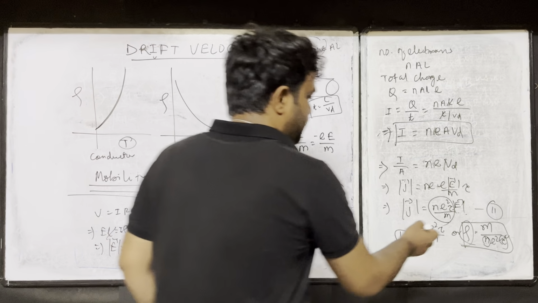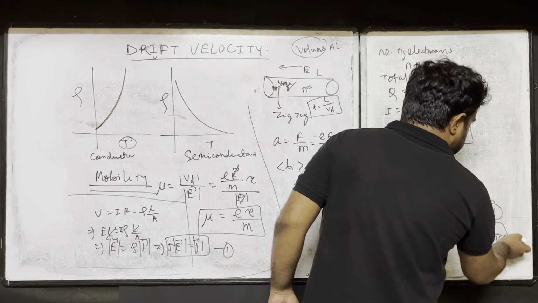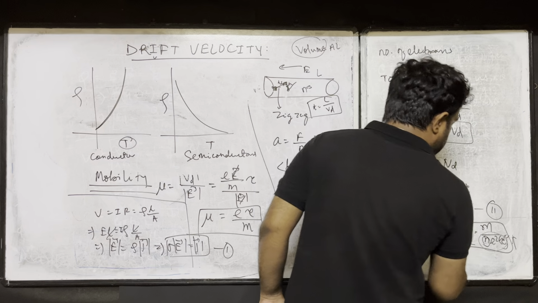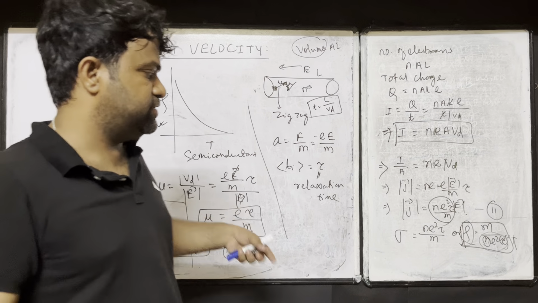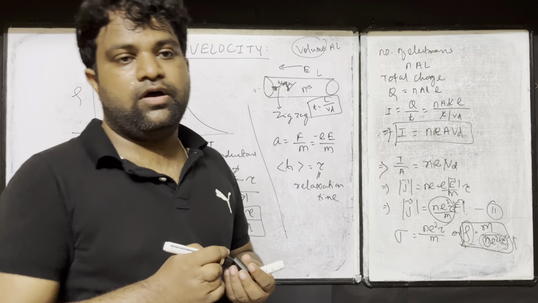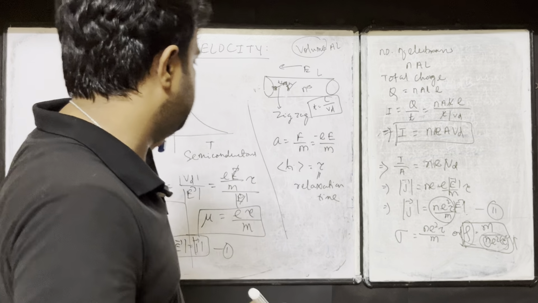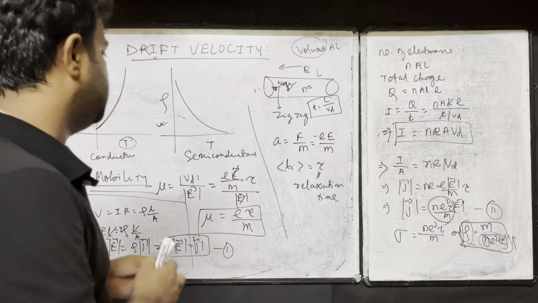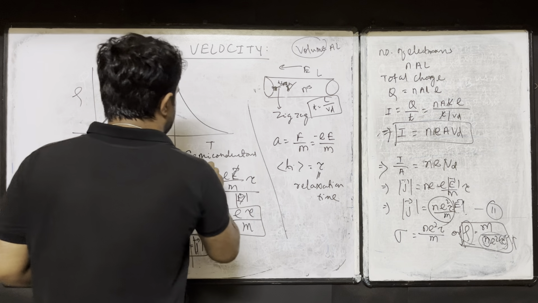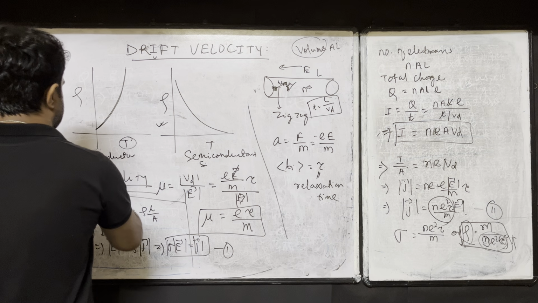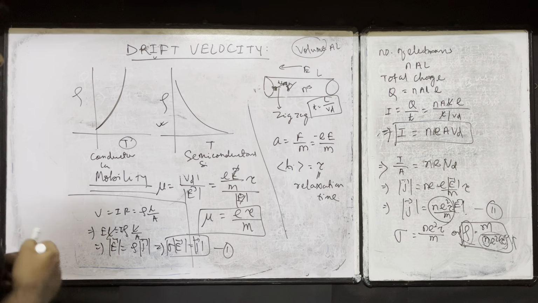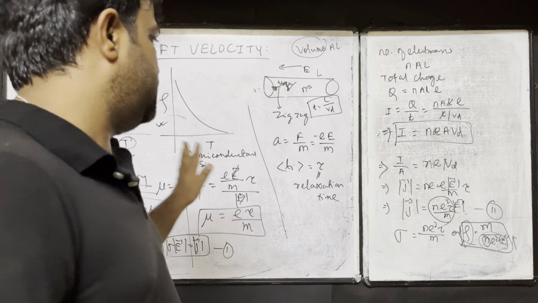This is what happens in a semiconductor graph. So this is the explanation for your graph of resistivity versus temperature in the case of semiconductors like silicon and germanium, and conductors like copper. These are the graphs and these are the equations.